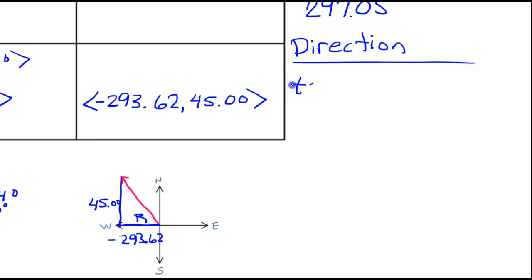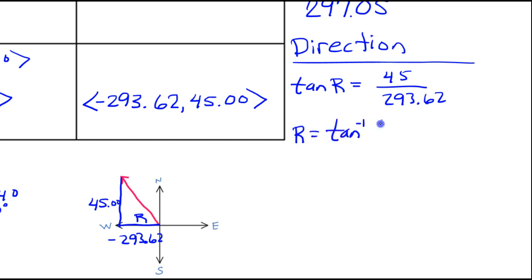And I know that the tangent of the reference angle is equal to 45 over negative 293.62. However, I am going to erase the negative sign because I only care about the positive value of r. So the reference angle will equal the inverse tangent of 45 over 293.62.